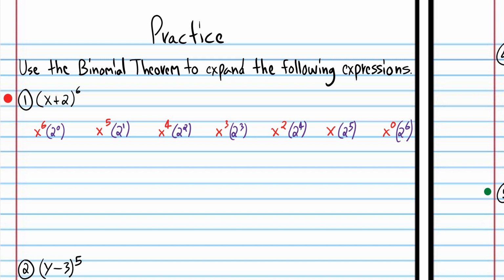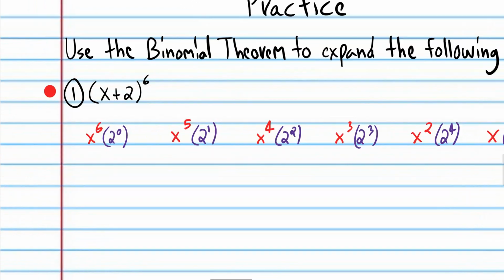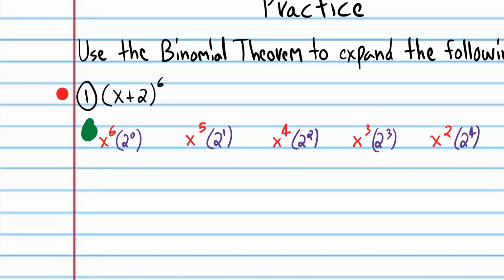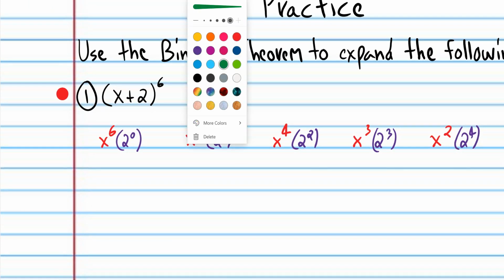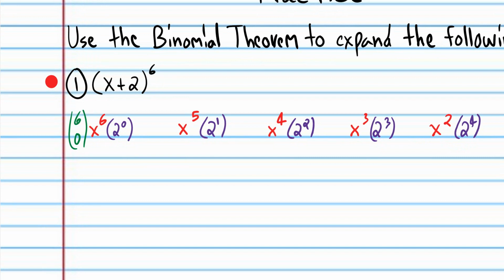And so now we're going to write the coefficients. So we're going to start with 6 choose 0. Now again, 6 choose 0 doesn't really mean anything. We have to define it as 1. Then we're going to go to 6 choose 1, 6 choose 2.